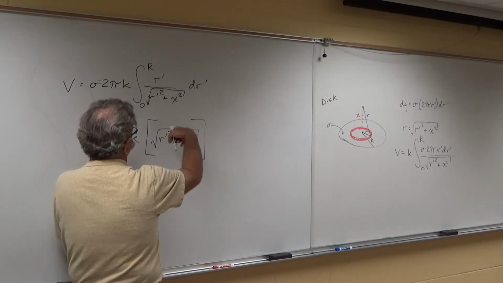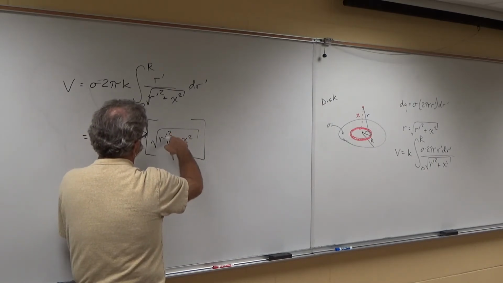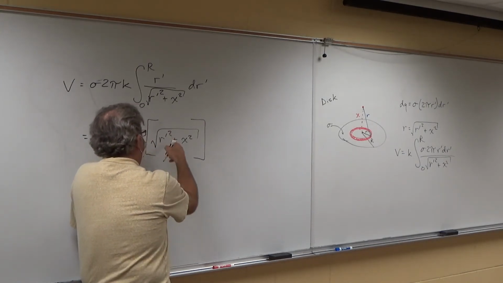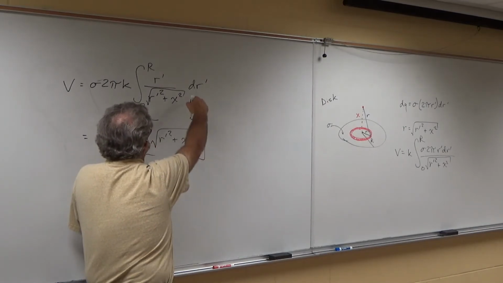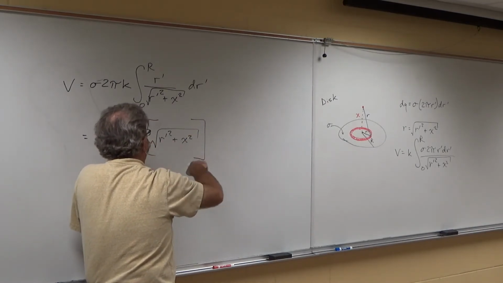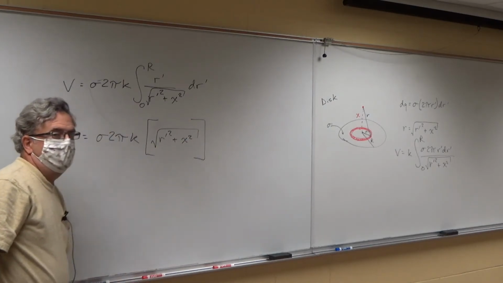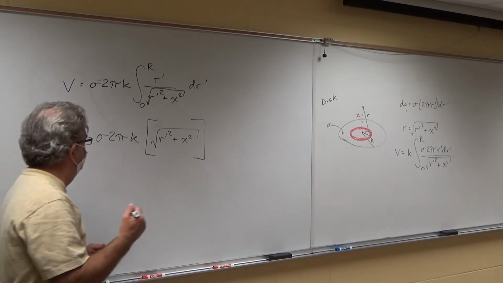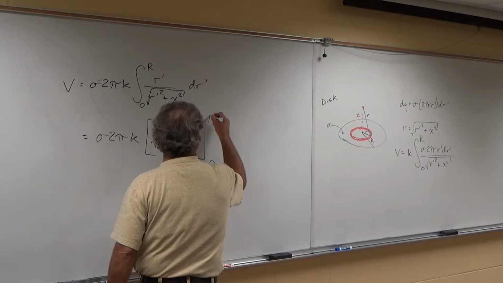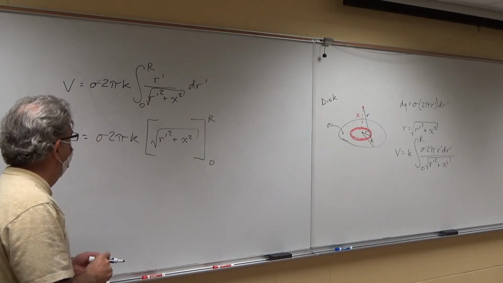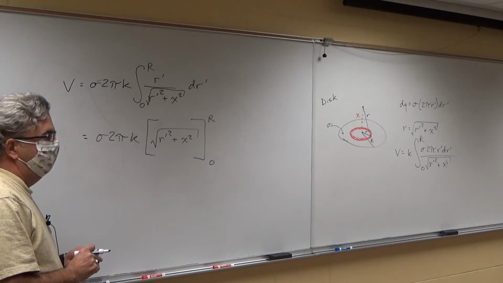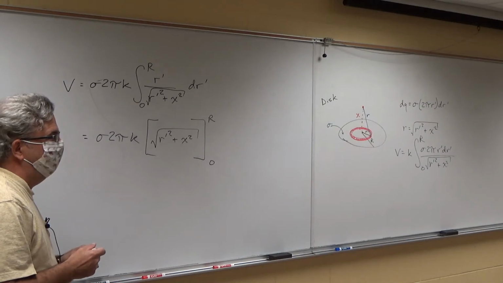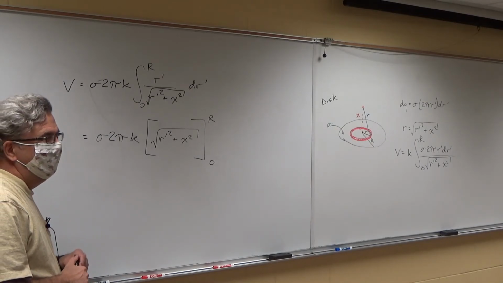Differentiate this, you get 1 over this, and then you get a 2r prime out front, but you had a 1/2 from the differentiation, and that kills the 2. I think that works. Evaluated from 0 to R. The TI says it's right. There you go.